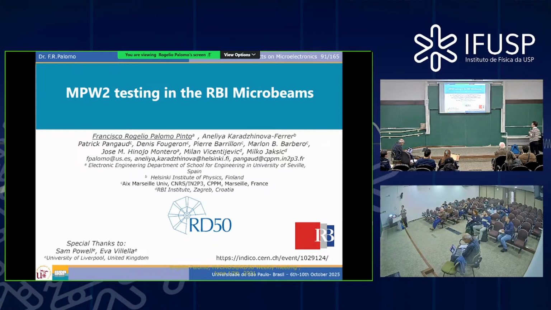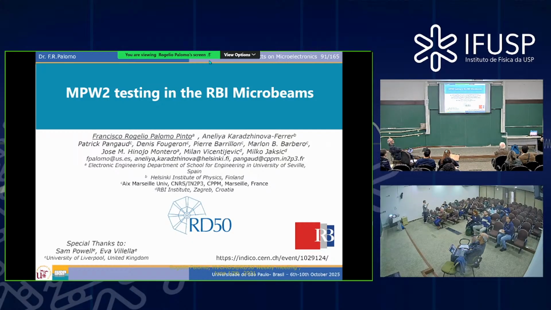So one of the first tests was made at the Ruđer Bošković Institute in Zagreb. I also have microprobes in Sevilla, and there are microprobes in other places. But the point here is that they had wonderful software for PIXE. And we were using PIXE to know where the particles were hitting at every moment.